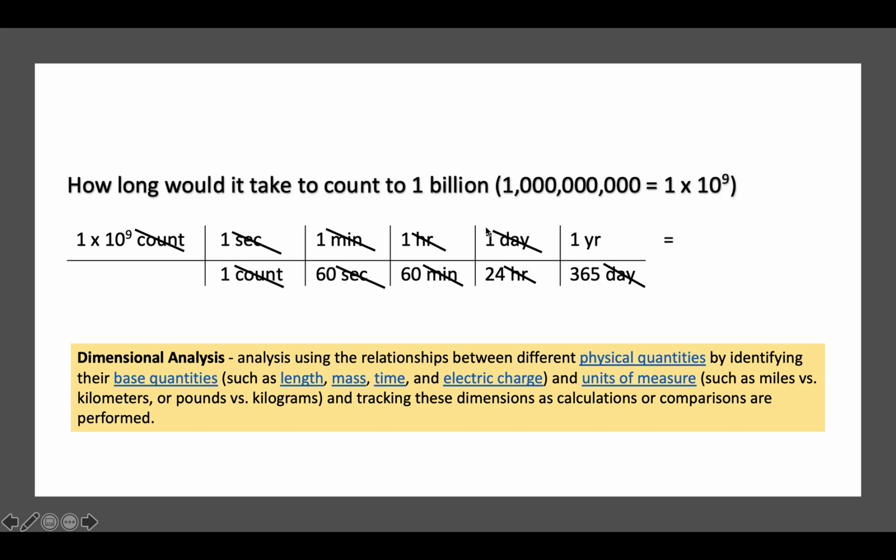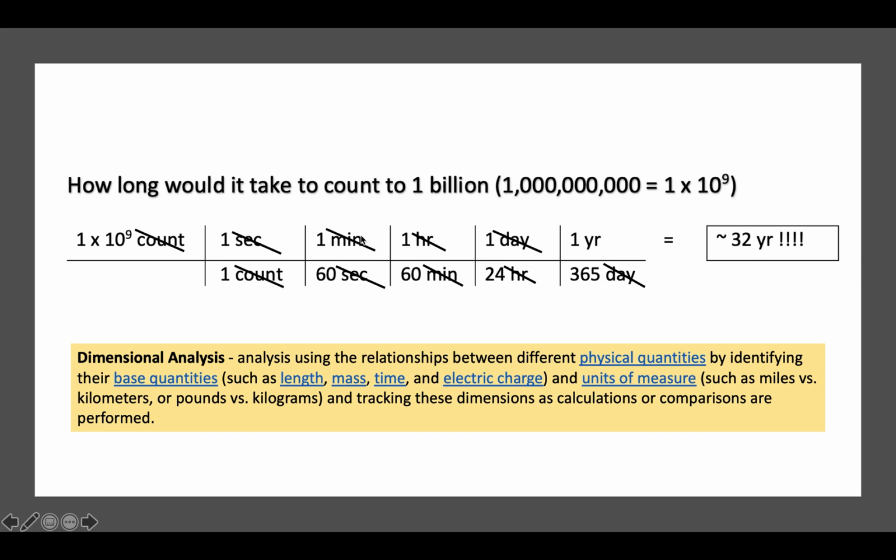We know about what a year means, and solve the problem. So we're going to multiply everything on the top. It's 1 billion on the top, and we're going to divide it by the product of the bottom. So that's 60 times 60 times 24 times 365. That's going to be in the denominator. We divide that into the 1 billion.